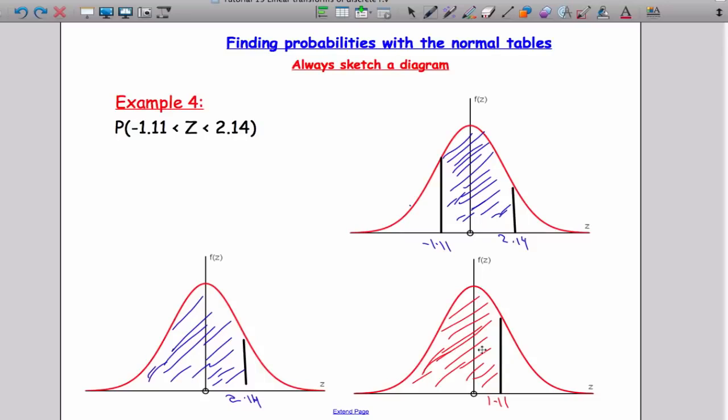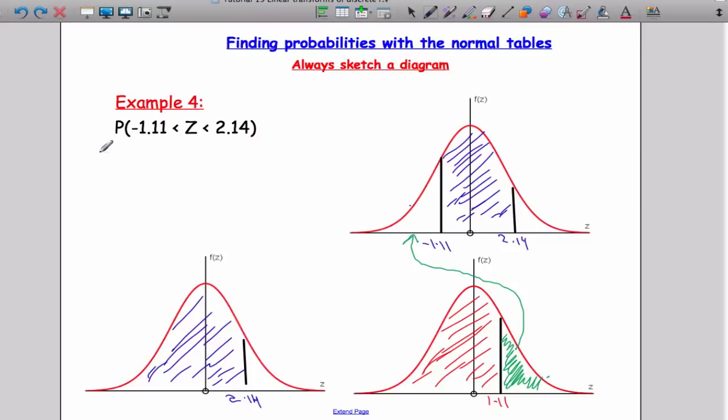And what I can do is take that probability away from 1 to get this green piece here. And that green piece is going to have the same area as that blank space there. I can take that away from this, which will leave me with this probability here. So let's work out this green piece here.